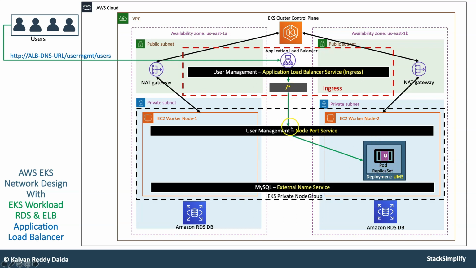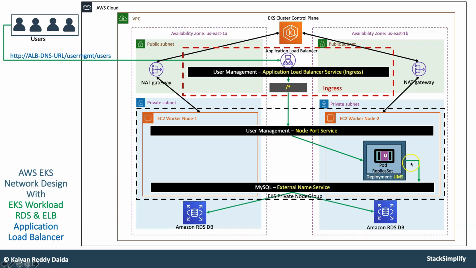So how is it going? It will go via the node port service, which means that in the application load balancer that was created, the target group's targets are going to be both worker nodes, with whatever node port was provided as part of the user management node port service. Now the request comes here and needs to communicate with the database.